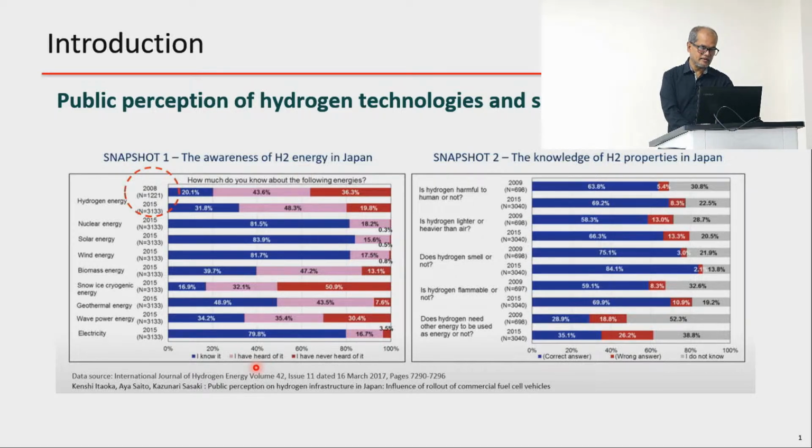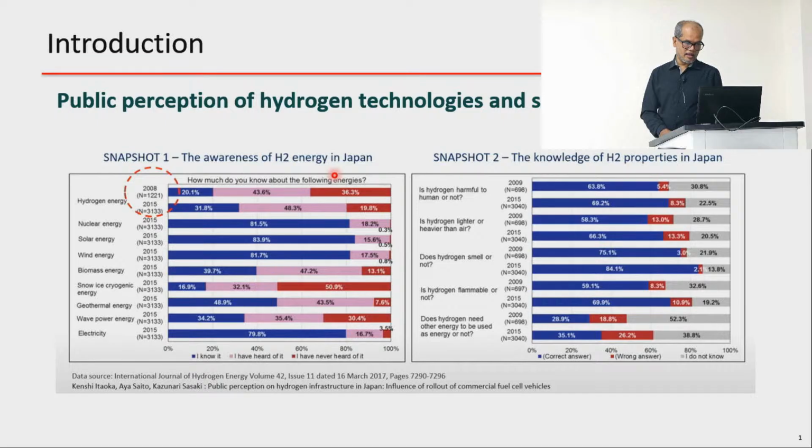The answer options are: I know it, I have heard about it, and I have never heard about it. For hydrogen, only 20% of people actually know about this technology. Another 43% have heard about it, but don't have any knowledge about it.